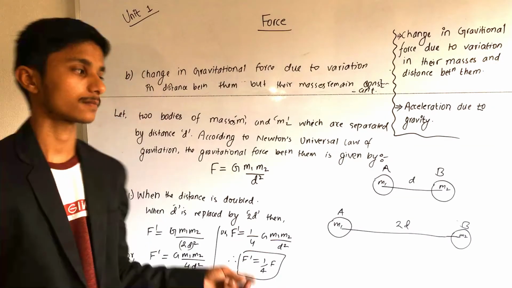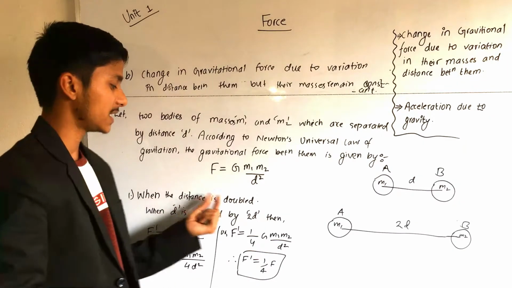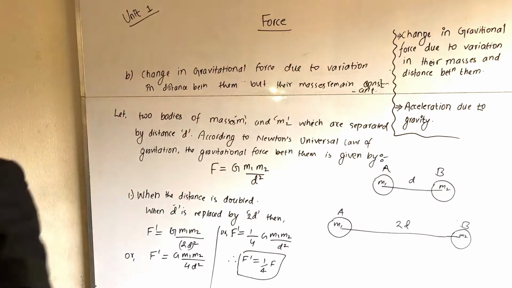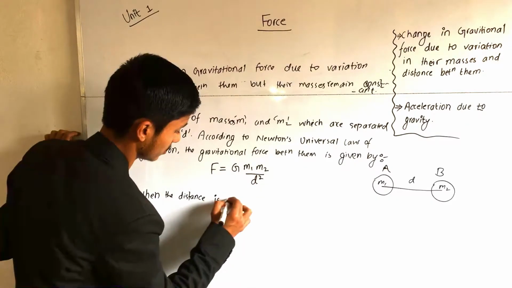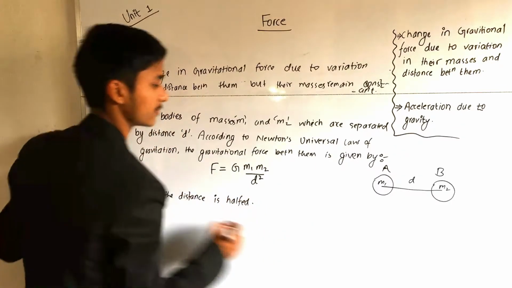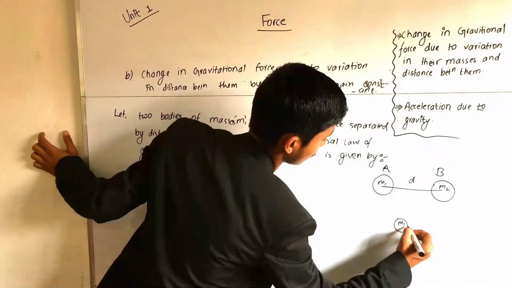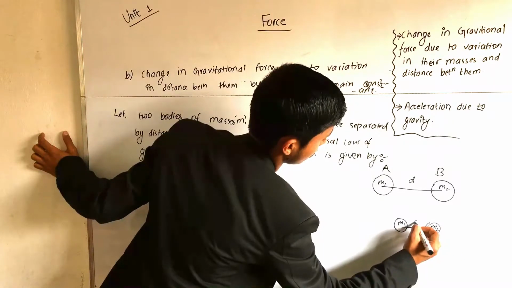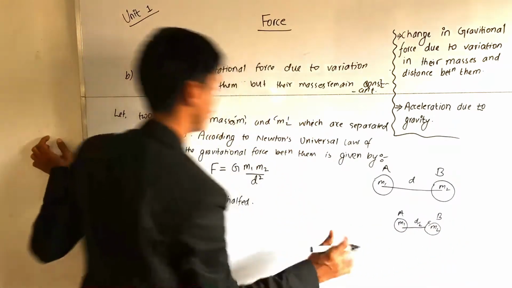Now we study second case, that is when the distance is halved. Here the distance is d, then bodies having the distance becomes d by 2, body A and body B.